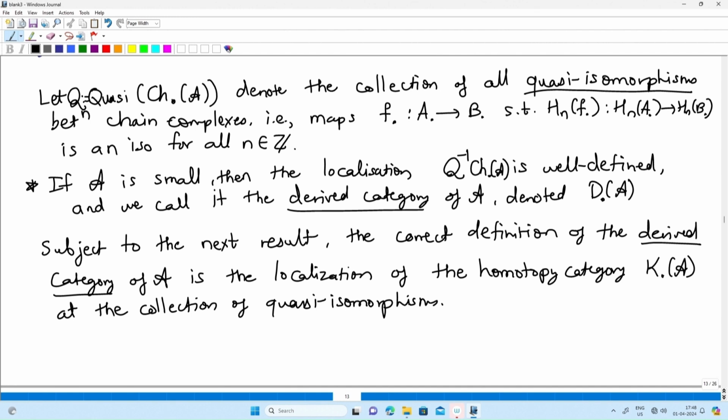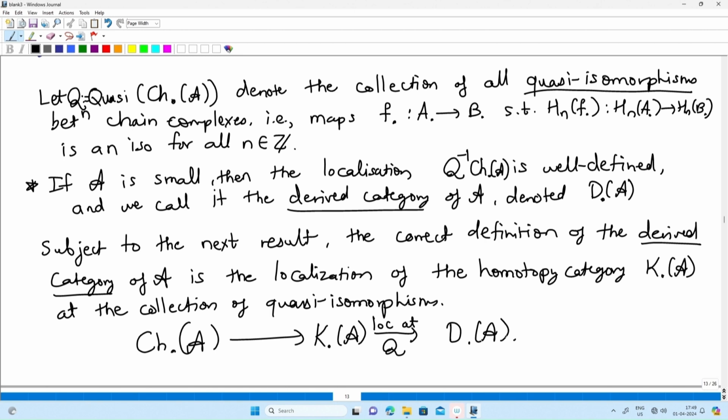So it becomes a two-step process. What happens really is you have A, and from there you have CH dot A. From CH dot A we get K dot A, and from K dot A you localize at Q, or images of Q under the homotopy category, to get the derived category like this.